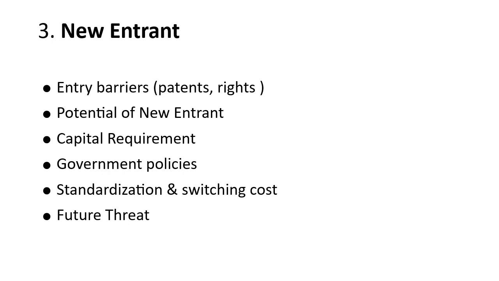But when Google realized that they would become their competitor in the future, they purchased it, because they had the potential to take your customers in the future. So like this, they are future threats. So new entrants, their potential, their policy, their product, their future threat: we have to keep an eye on all these things.